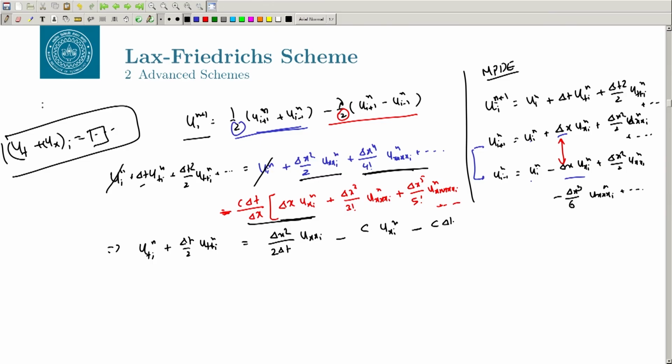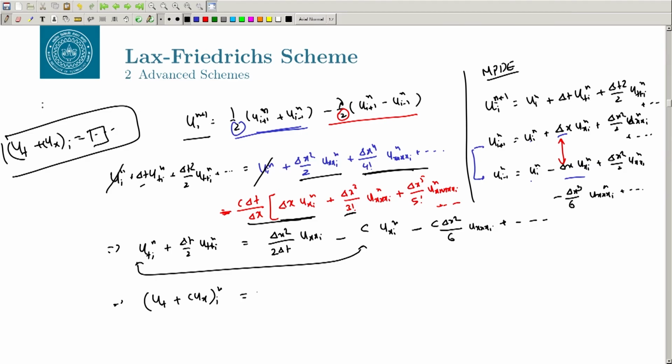c delta t delta x square. So, delta t will cancel out. So, c delta x square by factorial 3, that is 6, u_xx_i, right, and then other terms. Now, we will collect these two together. This is u_t plus c u_x.